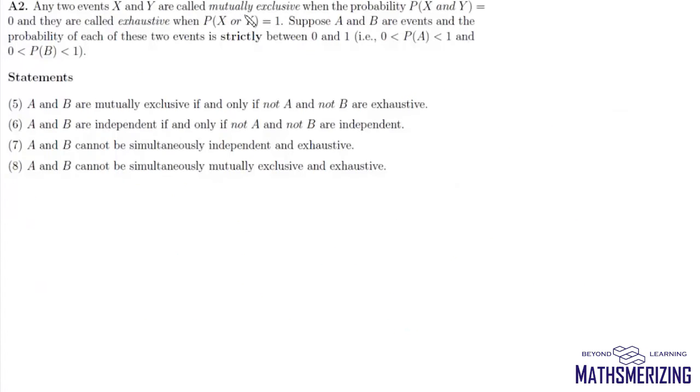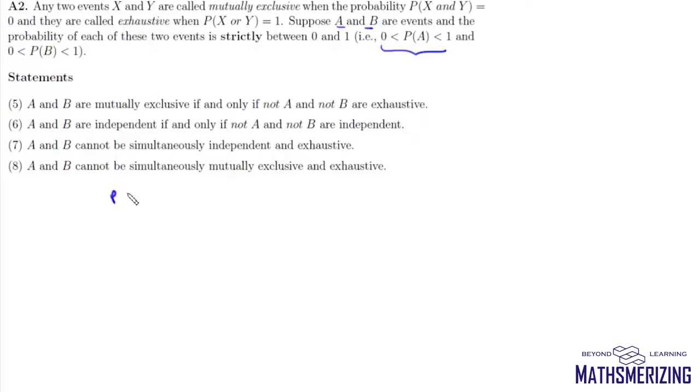Now question number 2 is, we are given 2 events A and B, and the probabilities of A and B strictly lie between 0 and 1, then which of the following statements is or are true? Now this first one is A and B are mutually exclusive if and only if not A and not B are exhaustive. So we are given that A and B are mutually exclusive.